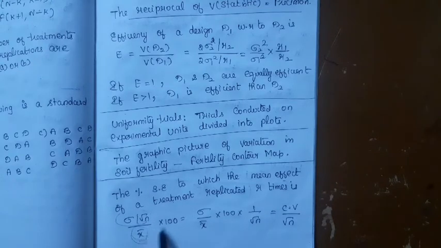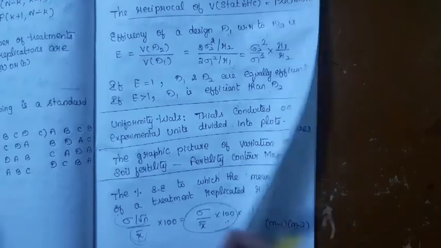So it is sigma by x bar into 100 into 1 by root n. This is nothing but the formula for coefficient of variation. So, the formula is coefficient of variation divided by square root of n.